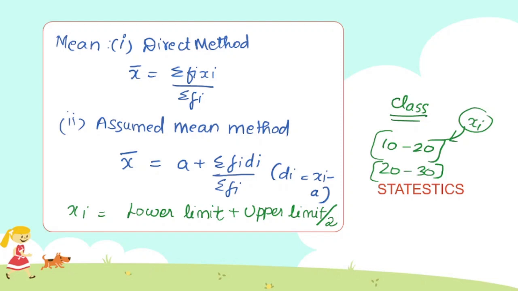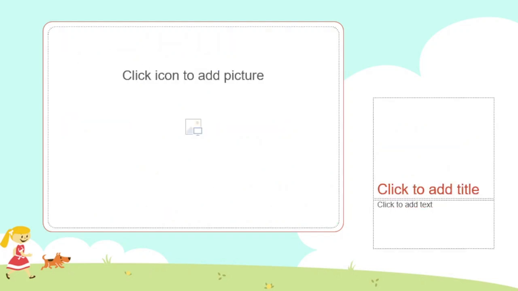Right. Now we are going to see the next part in statistics. We saw the direct method and the assumed mean method. Now next one is mode. How can I find the mode?